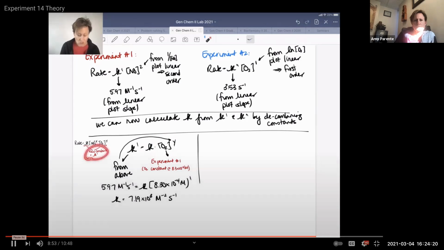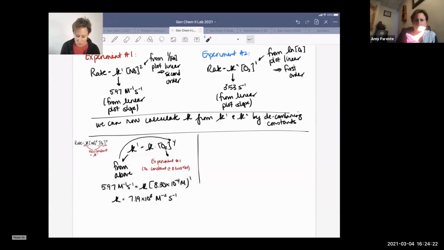When we made this new constant K prime, we made it by merging together two things that we knew were constant: the K that we're interested in for our overall rate law, and then since we were holding the concentration of oxygen constant, we sort of merged it together. Well, now we know lots of pieces of information. Even though we held this constant, we know what that number is.